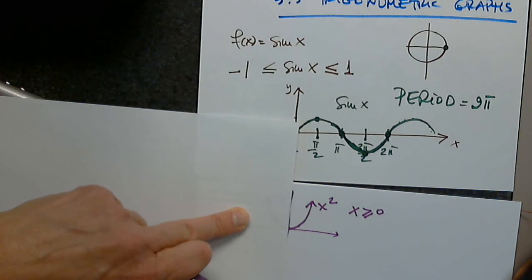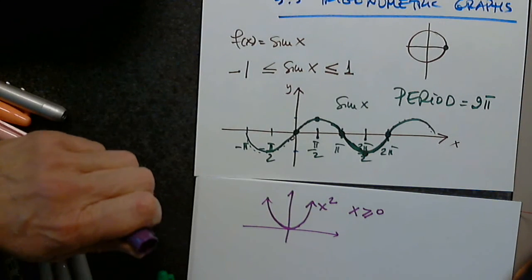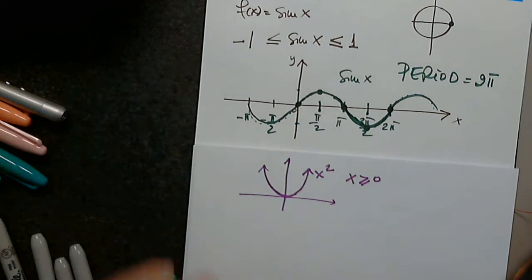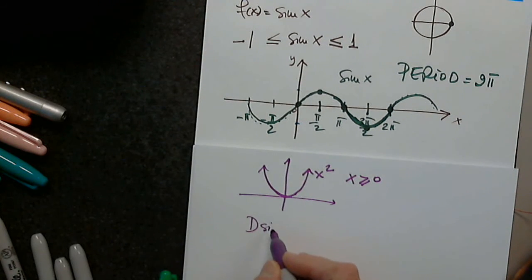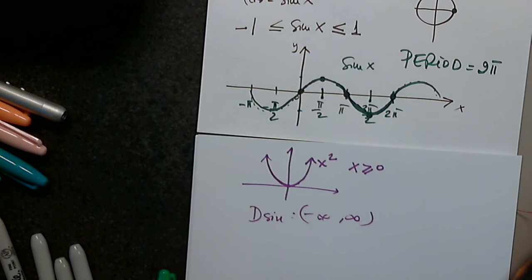We needed to do this with sine. The domain of sine is all real numbers. However, in order to create sine inverse, we had to truncate or diminish the domain of sine.